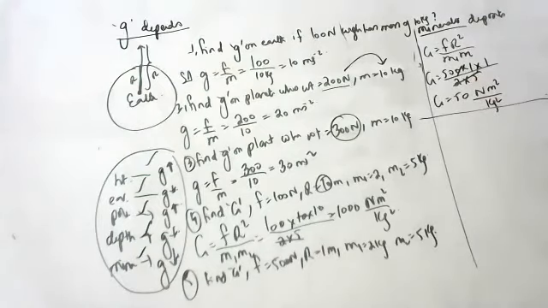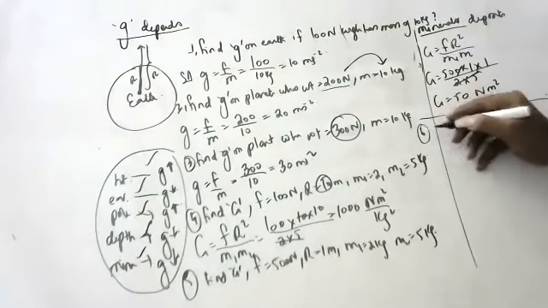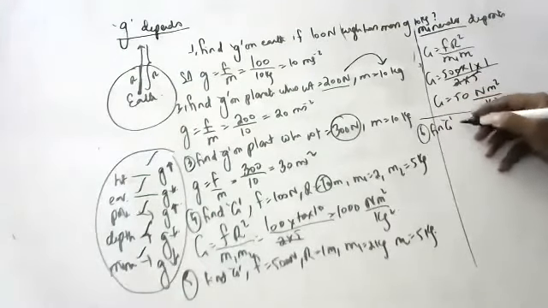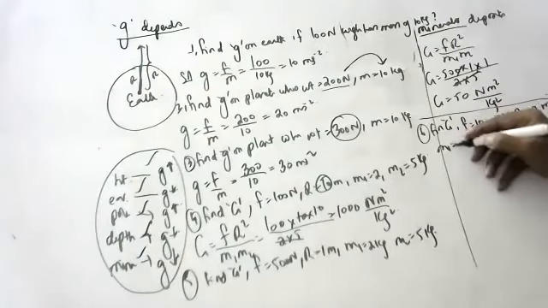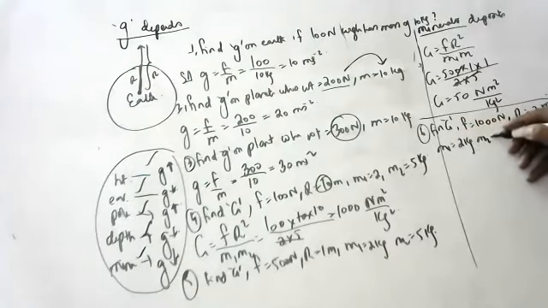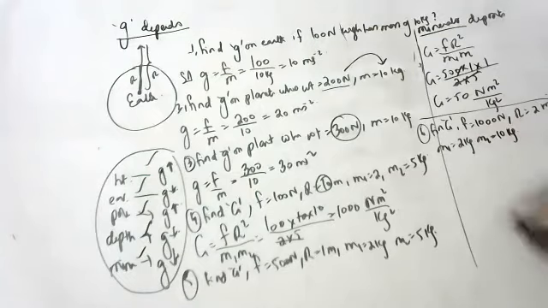Okay, children, like this. One more question, children. Find G if F is 1000 Newton, R is 2 meters, M1 is 2 kg, M2 is 10 kg. Sneha, can you tell what is the formula for G?